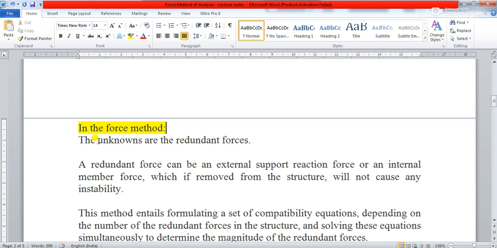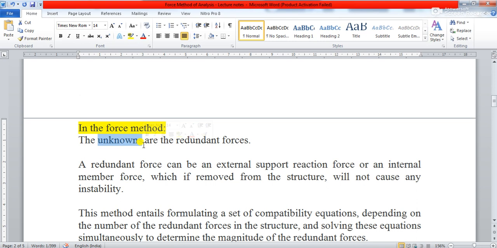From this point you must remember one term. In the force method of analysis, what are the unknowns we are solving? The unknowns we are solving are nothing but the forces. That is the difference between the force method and the displacement method.